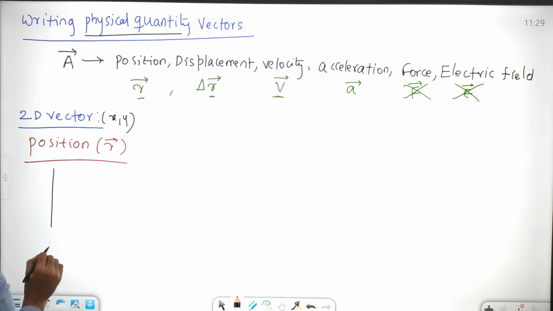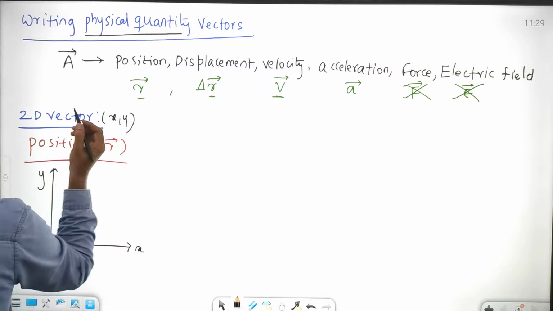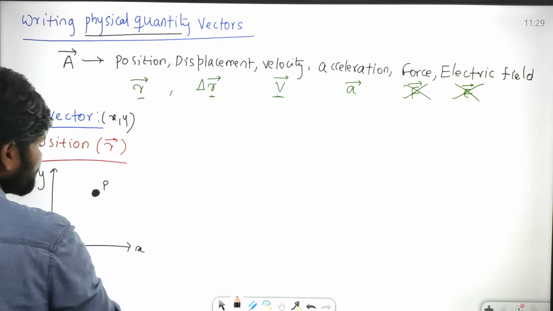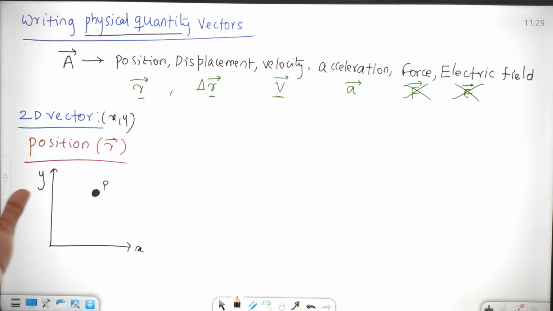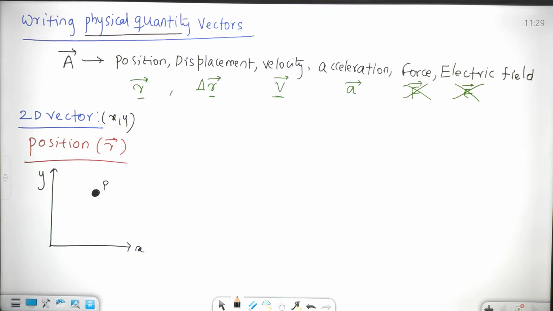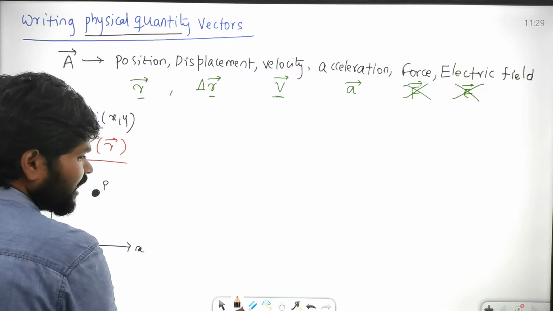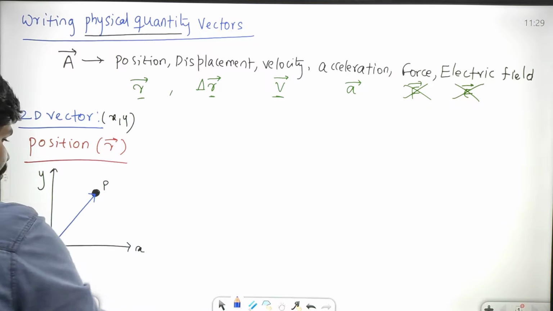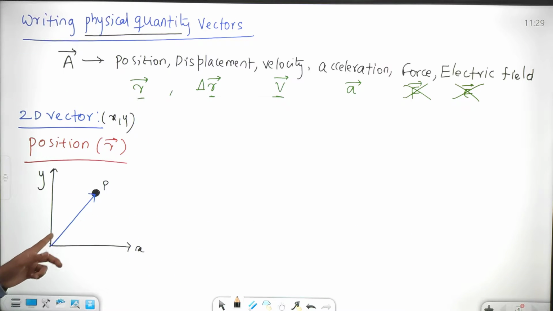This is the x, this is the y, and somewhere this is the point P. I want to represent this point as a 2-dimension vector. This is the point where it is located on the xy plane. I am representing this point with a vector. Don't confuse position and vector. I represent this position with the arrow mark.